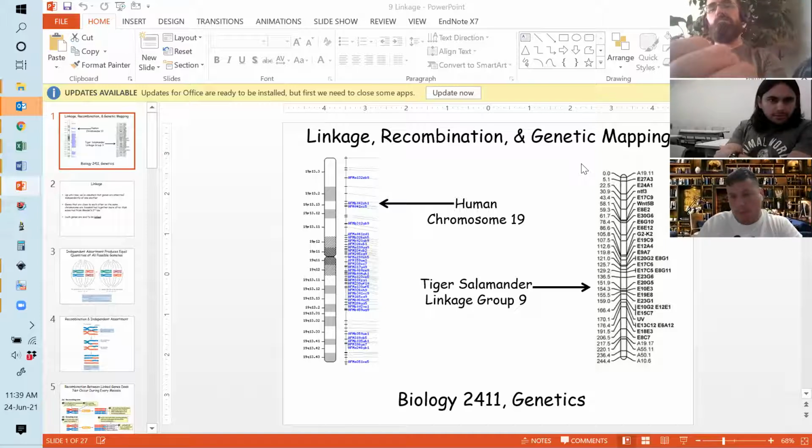So what we're looking at is a random event. And in this case, it's recombination or synapses or crossing over, whatever you want to call it.